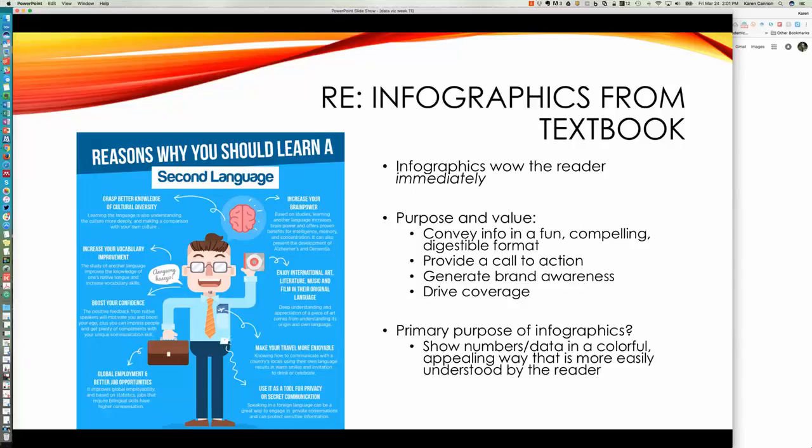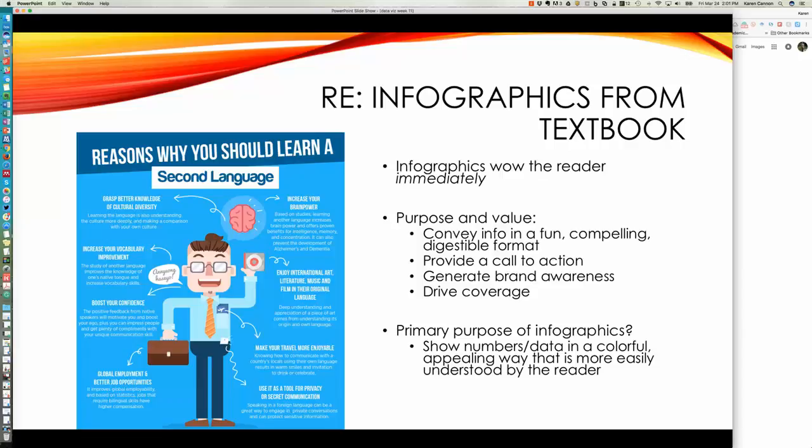It also talked about 4 elements of purpose and value, the idea of a fun and compelling yet digestible format. So again, a lot of times this requires you taking numbers and data that may or may not be very interesting or quote-unquote sexy, and transferring that into something that is more interesting and attractive to people.